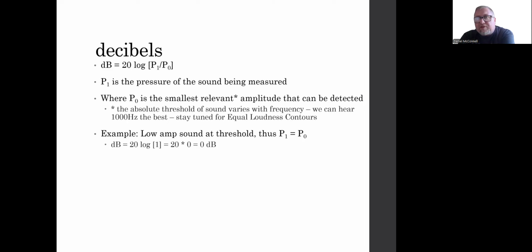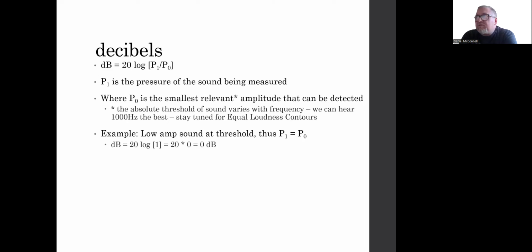frequencies. So if I just have a particular 500 hertz tone and I want to know the decibel level of that, what I essentially want to know is how much more intense this P1 tone is relative to the intensity level of that same frequency that can just be barely detected by a human.